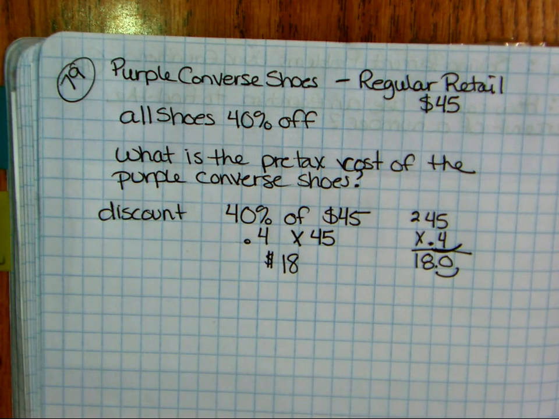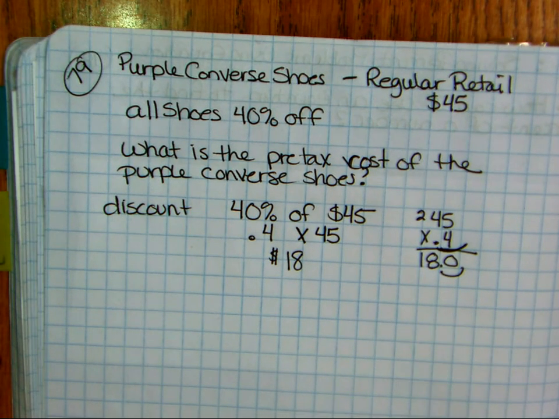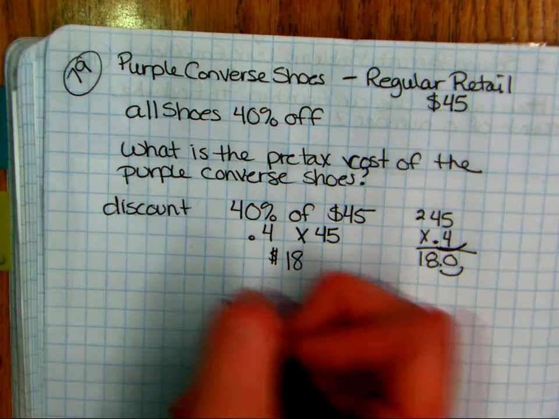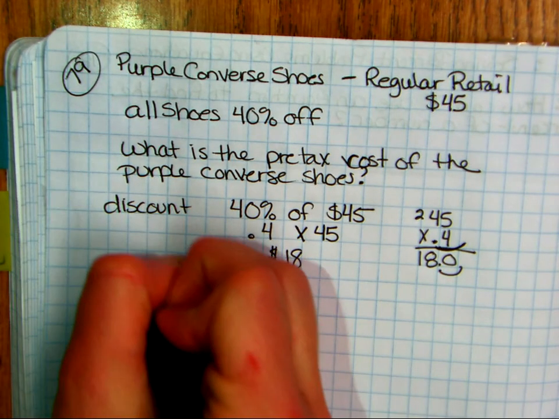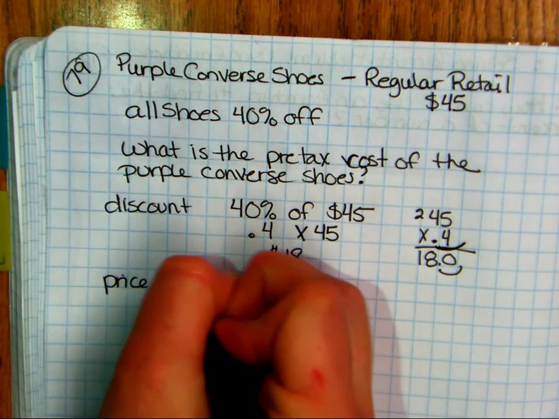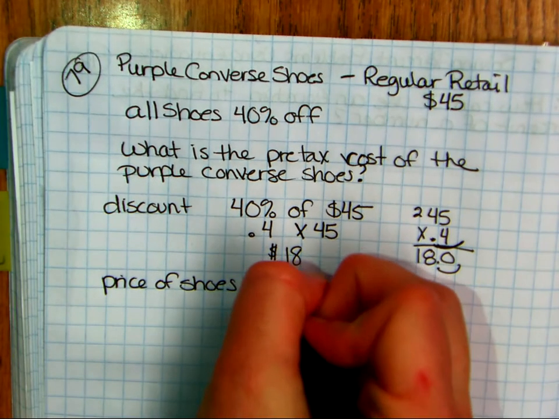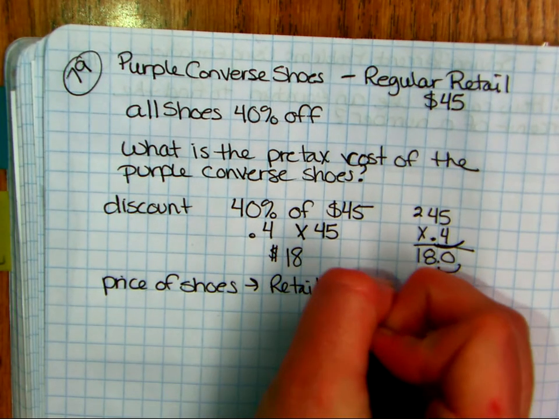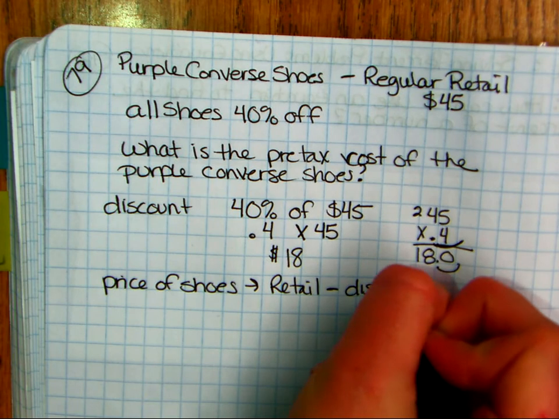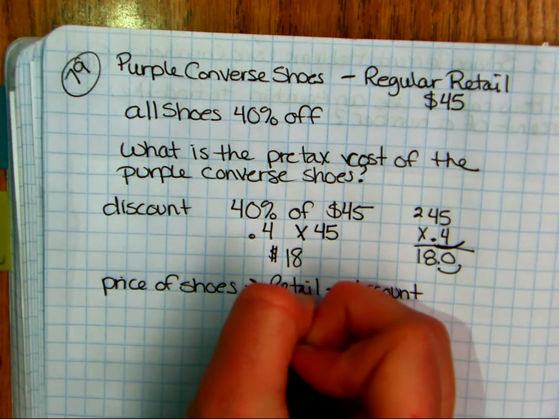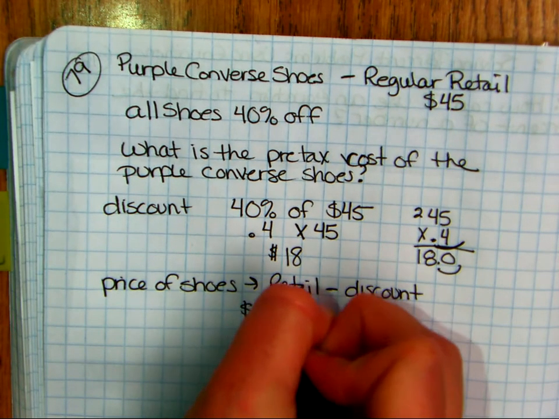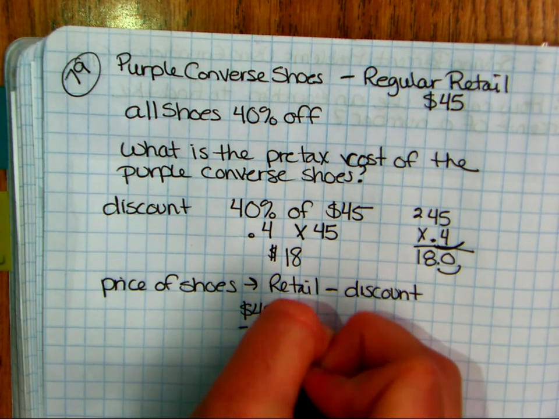What do I do now to figure out the price of my shoes? Nicole. You subtract the retail by the discount. So I'm going to do retail minus discount, which is $45 minus $18.